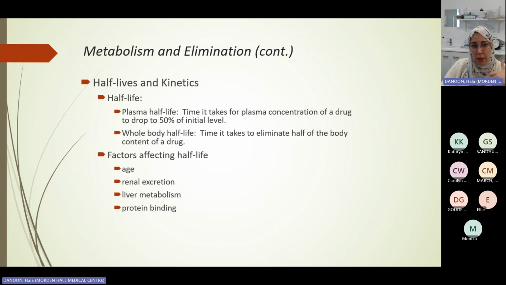The older we are, and this is when we grow over 60, the half-life will be increased because we do not eliminate it as easily. Then renal excretion, that's why when we have patients with renal failure or reduced renal clearance, we need to reduce the dose because that will affect the elimination. Liver metabolism, patients with liver disease, again, can have problems with eliminating these medications. And protein binding.